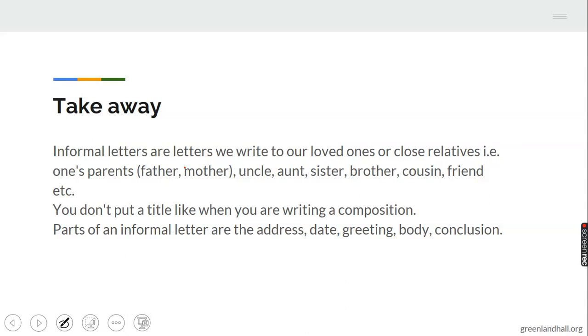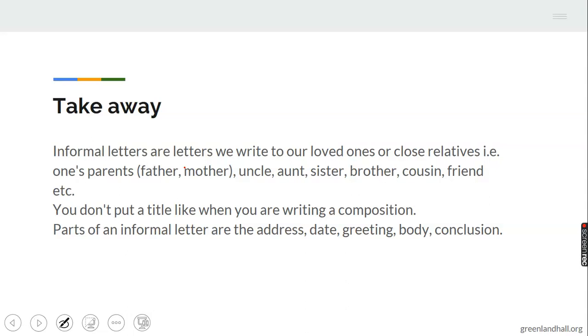But these informal letters are letters that you write to people that you know, people that you like, people that you can smile with, you can play with, you can have jokes with. So that's the kind of people you write informal letters to. Your father, your mother, your uncle, your aunt, your sister, your brother, your cousin, your friend. As many people as you have around you that you are very free with.